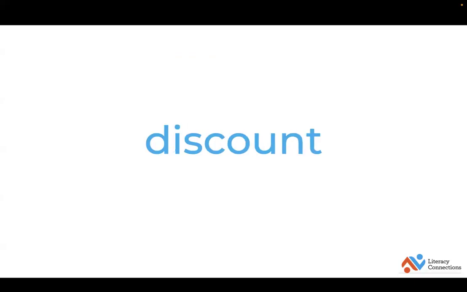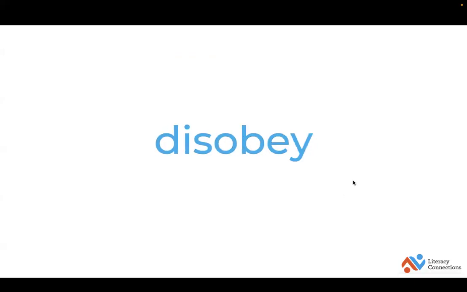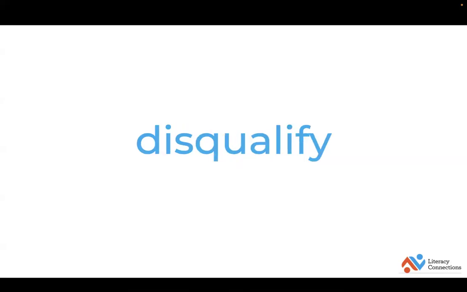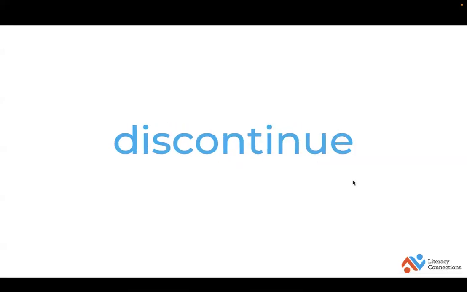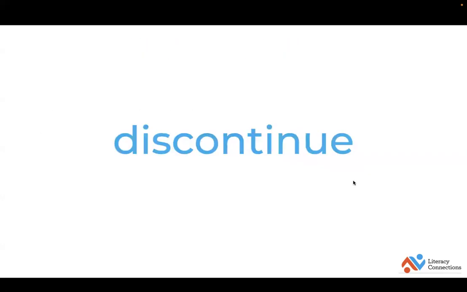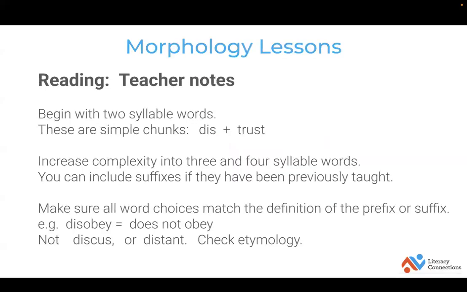So distrust, discount, then we're starting to get a couple of extra syllables going on there. Disobey, disagree, disqualify, discontinue. So the idea is that it's stopping that overwhelm when we're seeing long words, if we can separate the prefixes and suffixes.